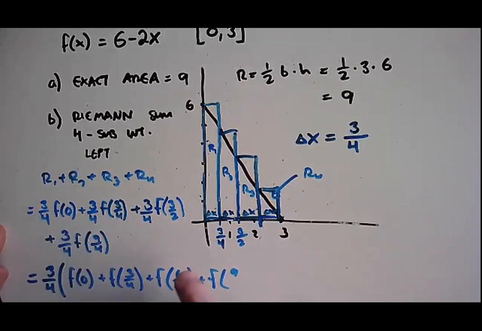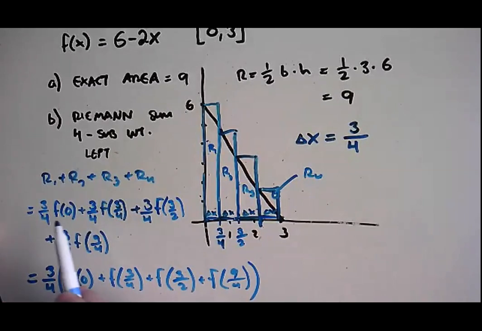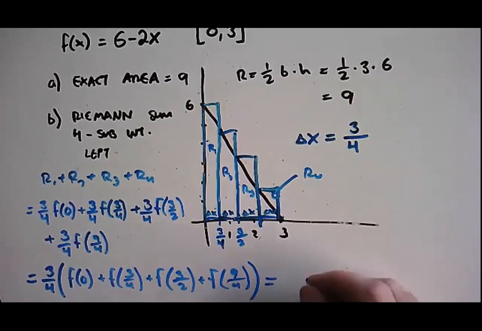We have f of 3/2. And then f of 9/4. So if we just want to save on our multiplication, we can factor out that 3/4. And let's actually calculate that now.